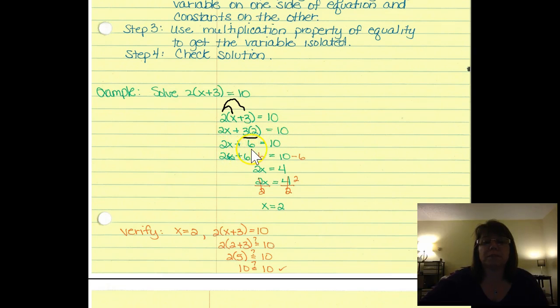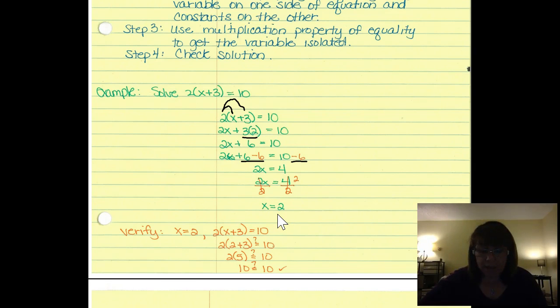So 2x plus 6 equals 10. Using our addition property of equality, we're going to subtract 6 from both sides. That leaves me with 2x equals 4. Using our multiplication property of equality, I'm going to multiply by 1/2, or in this case I can just divide by 2. Therefore our answer is x equals 2.